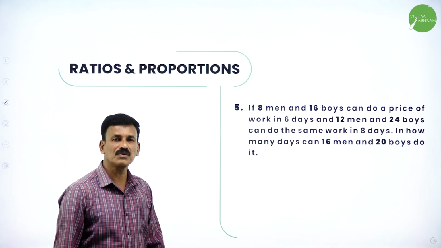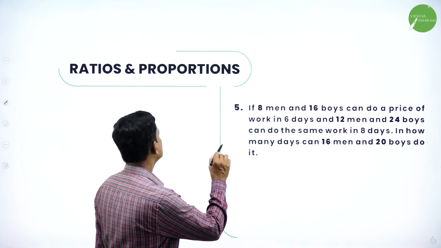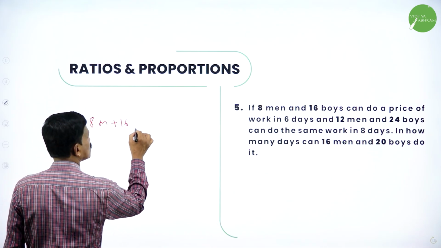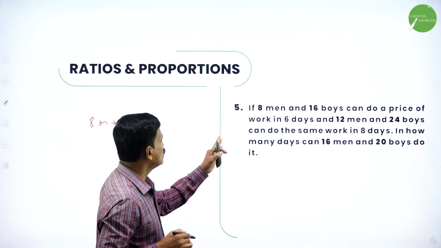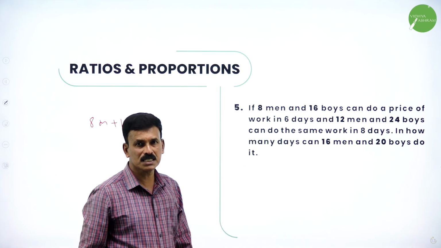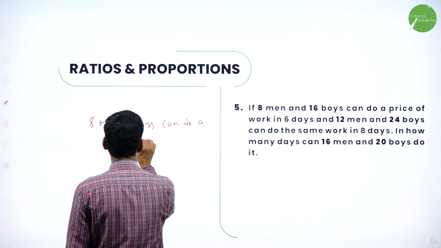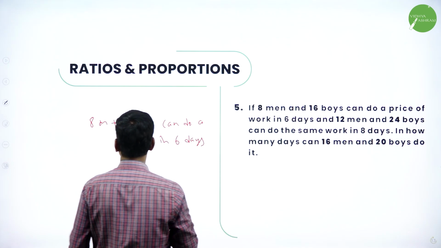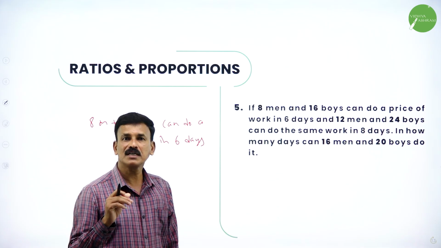So here what is to be found is the number of days, right? First condition: 8 men plus 16 boys can do a job in 6 days. Similarly, now calculate for 1 day.